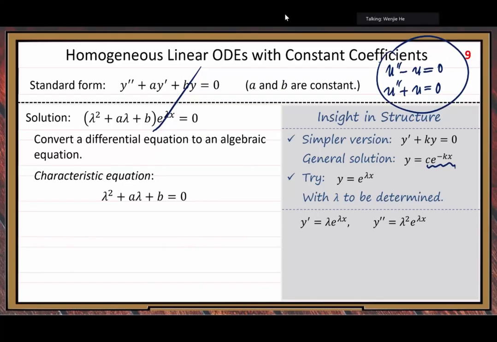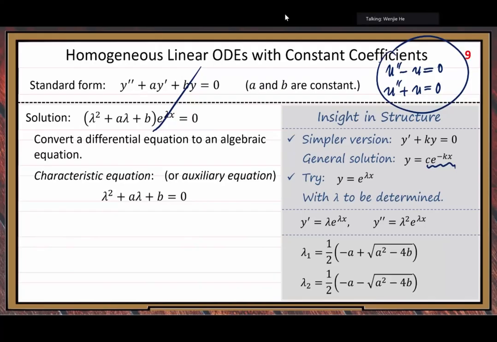It is also called the auxiliary equation, but most of the time people use the name characteristic equation. You can easily solve that with the quadratic formula. Two possible solutions. Then we do the discussion.